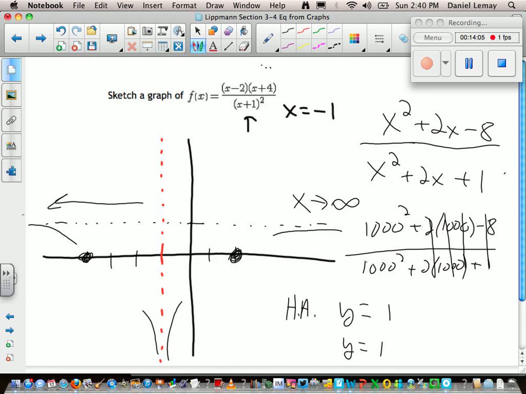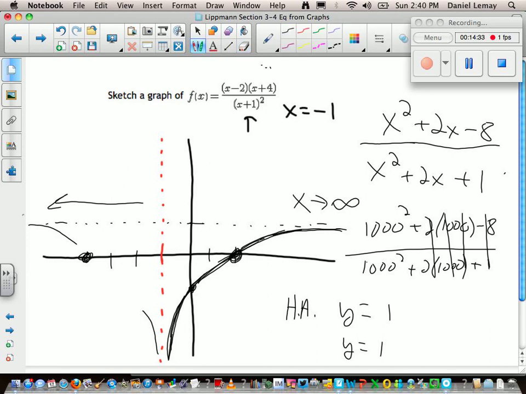Well, if x equals 0, isn't that negative 2 times 4 over 1, which is negative 8? So that tells me what's happening here. And I could pick some more points, but this graph coming from the right to that asymptote is probably looking like this.